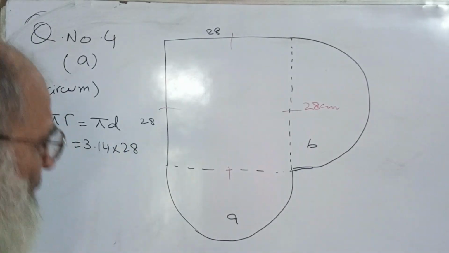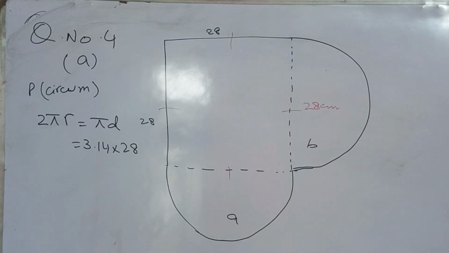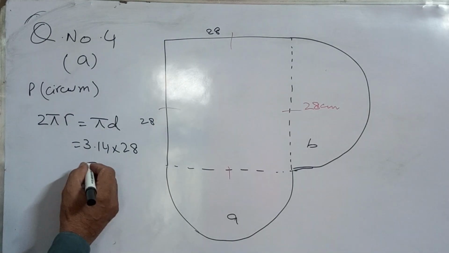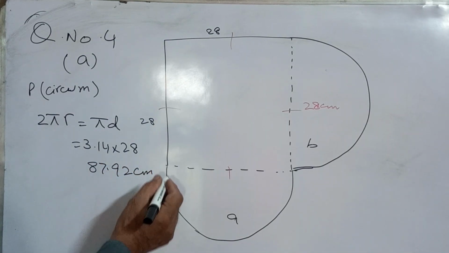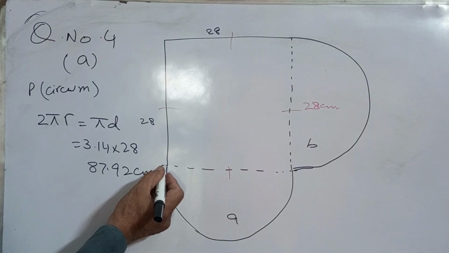So what will it become? 3.14 multiplied by 28 will become 87.92 centimeters.